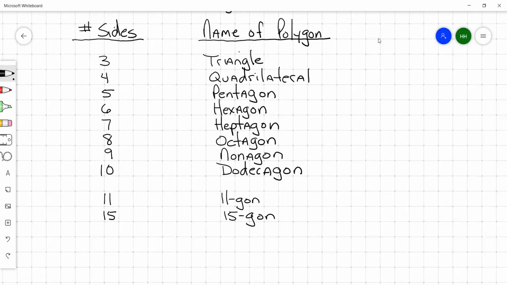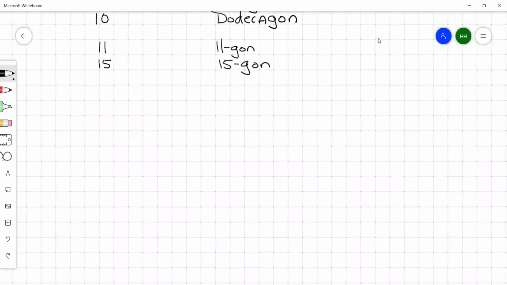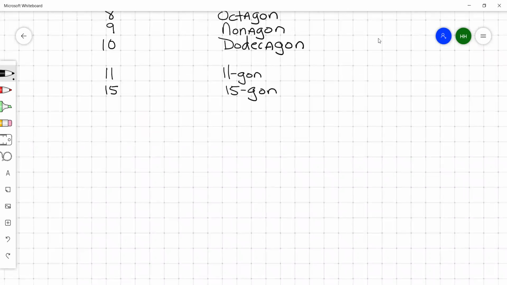Now, these different polygons, based on the number of sides that they have, you're going to be asked to classify them two ways. We'll start with the first way that you're going to have to classify them, which is by convex and then concave.